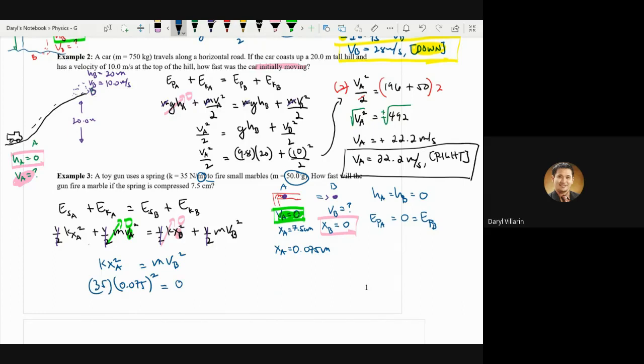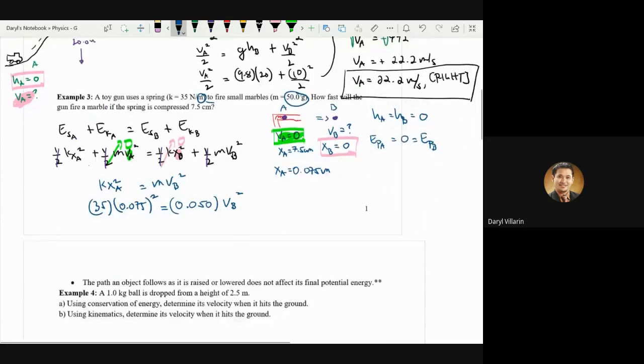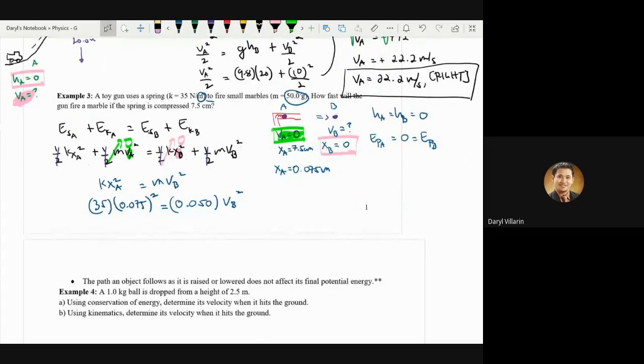Converting this, it is 0.05 multiplied by v_b squared. So you'll get v_b would be the square root of 35 times 0.075 squared divided by 0.05.